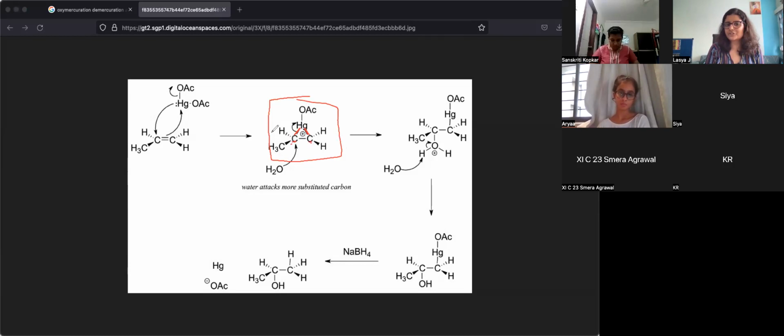So even if you have a tertiary carbon, this is going to prevent the rearrangement. And then the rest of it takes place, like OH is added. Then this part, you want to remove the mercury. So this is the reduction, the demercuration bit of it. So mercury is removed. That's why you use sodium borohydride, source of hydrogen, you get your alcohol.